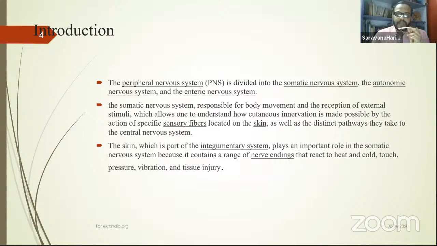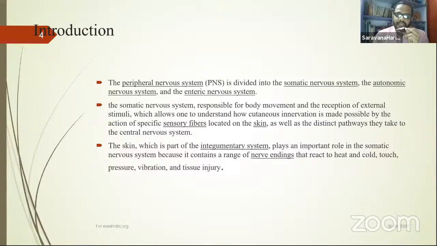The somatic nervous system is the one we are going to relate to, because it is about body movements and where specific sensory fibers are located in the skin, and how they take information from the skin to the central nervous system. As the term itself says, derm means skin.